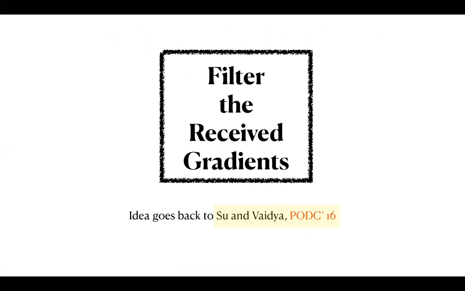The solution is very simple, and it can be described in 4 words, which is: filter the received gradients. And the idea actually goes back to the original paper on fault tolerance by Lili and Nitin, where they proposed a truncated mean or trim mean based gradient filter that worked pretty well for the case when the gradients were scalars.